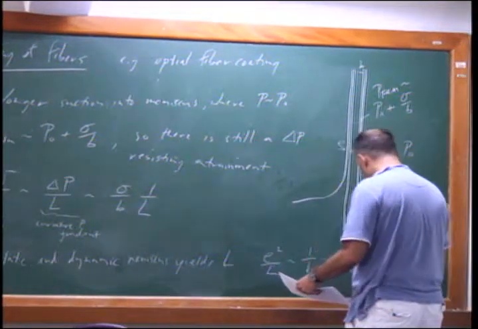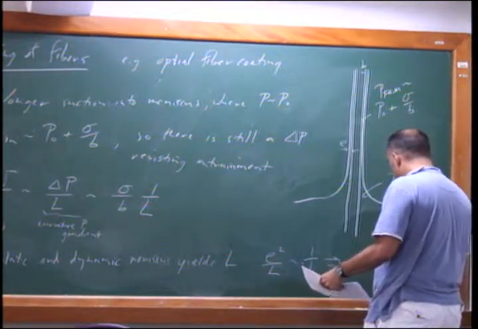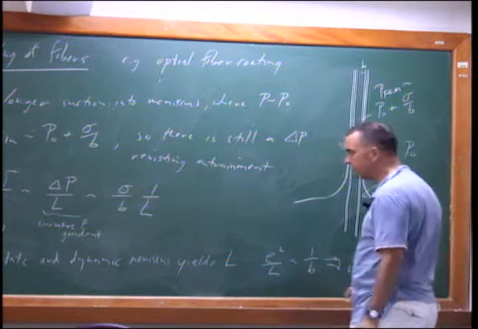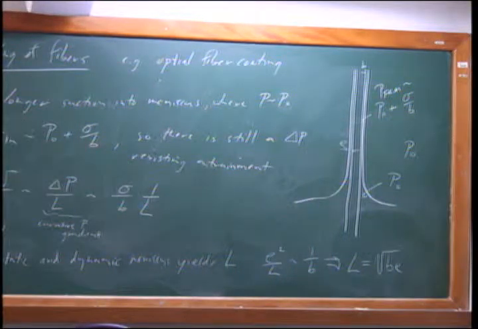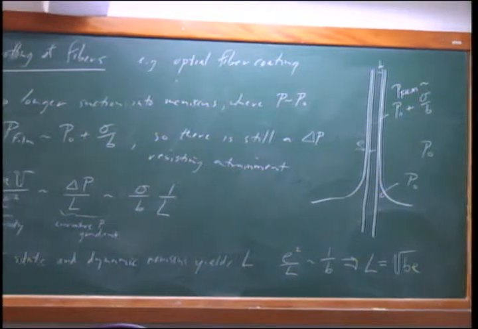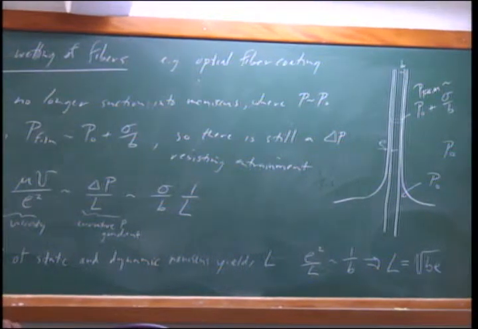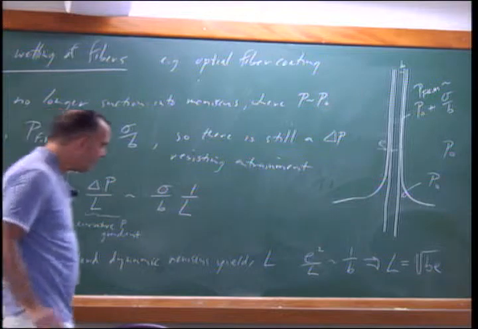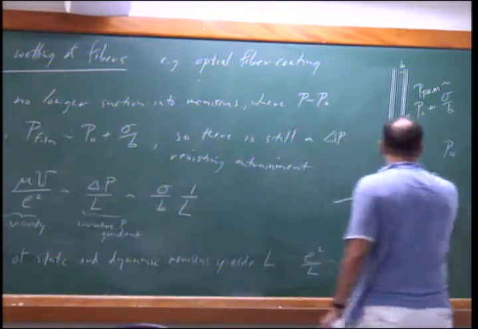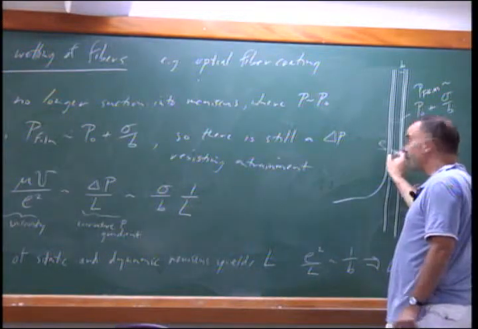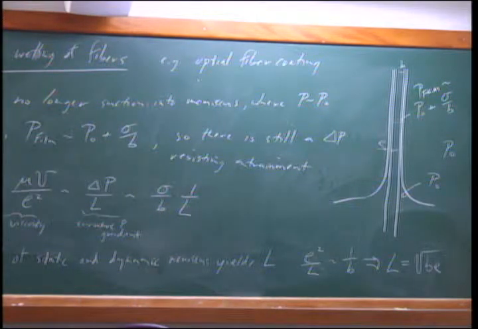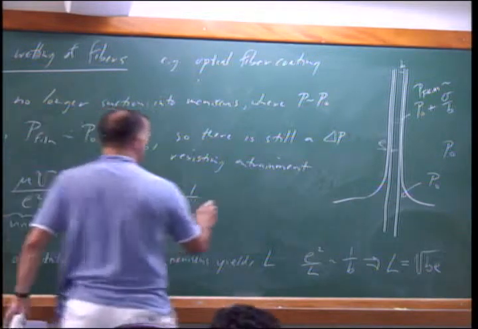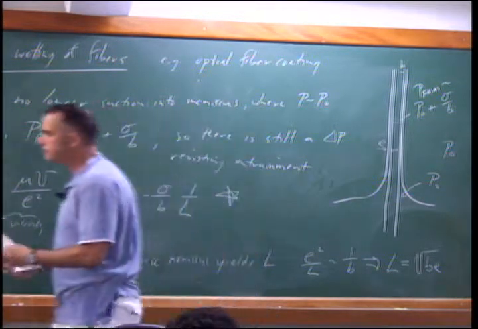So once again, you find that this static and dynamic meniscus has a length scale, which is the geometric mean of the two lengths in the problem, but the two lengths in the problem are now this thickness and the film thickness. Okay? So we can substitute into our force balance.